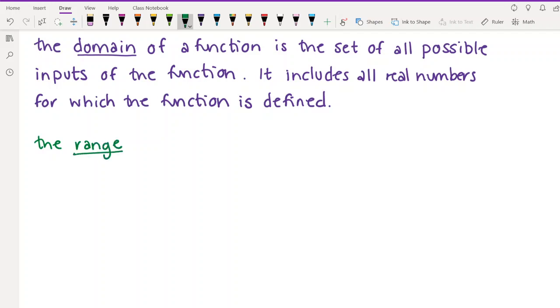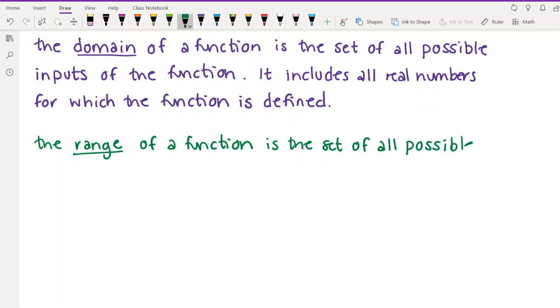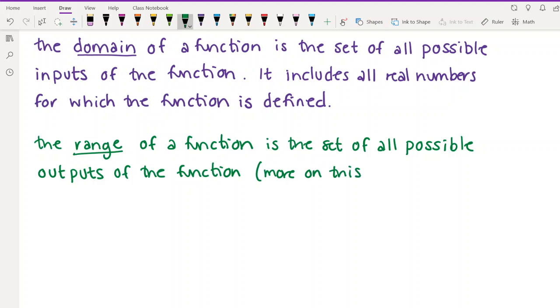So the range of a function, so if the domain is the set of all inputs, the range is the set of all possible outputs of the function. I'll just write down here more on this later, because as I said, in this video as well as the next few videos, we'll be focusing more on the domain.